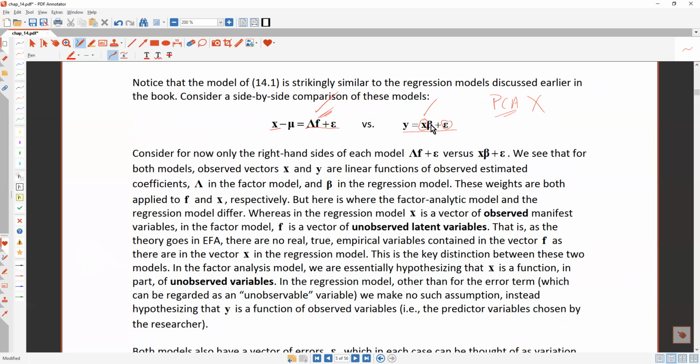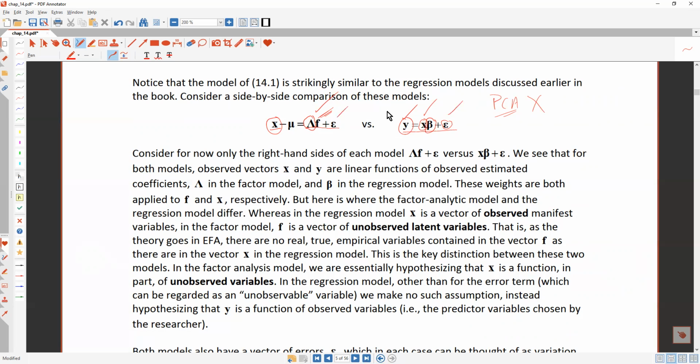F is unobserved. We had beta weights or raw regression weights, whatever we chose to use there. We have that same idea in the factor analysis model. Okay, the order is just a little bit different, but the idea is there. In the regression model, these were observed variables. In the factor analysis model, this is observed. So you can see that there's some parallels here.